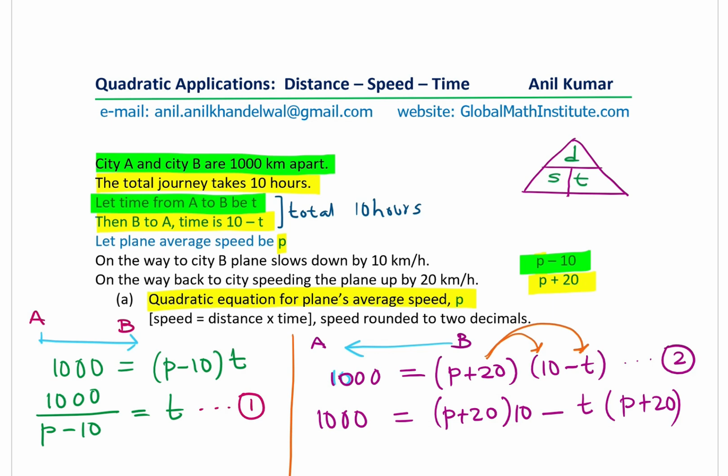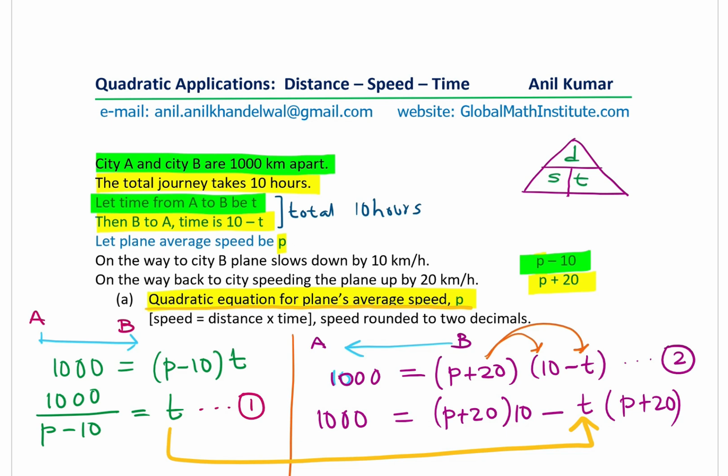Correct? And now in this equation, we could substitute the value of t, right? So this t value, if I substitute here, we're going to get one equation, and this equation will be the required quadratic equation in terms of p.